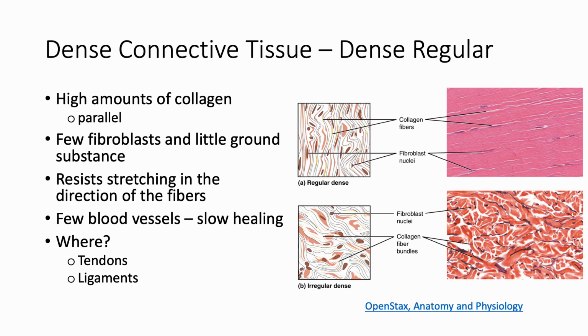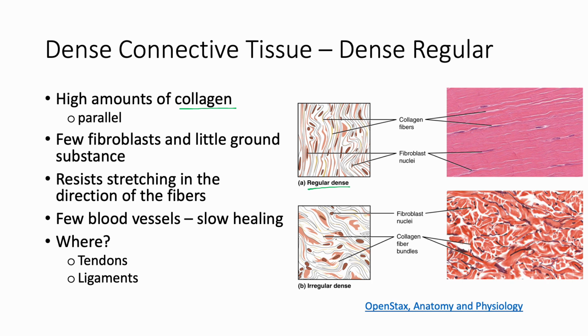Okay, so our dense regular connective tissue, we know that it is going to have high amounts of the collagen type of fiber. And what we see is these fibers are arranged in a parallel fashion. So this first image up here, the top part, is our dense regular connective tissue.